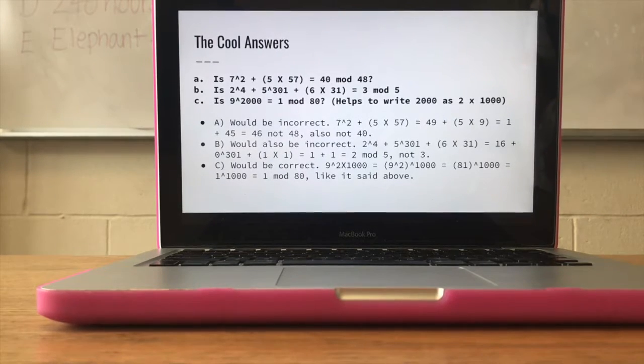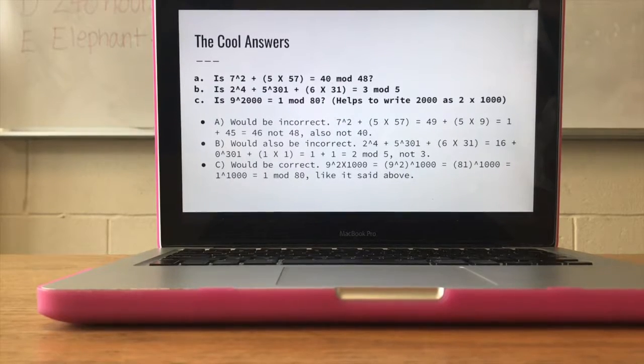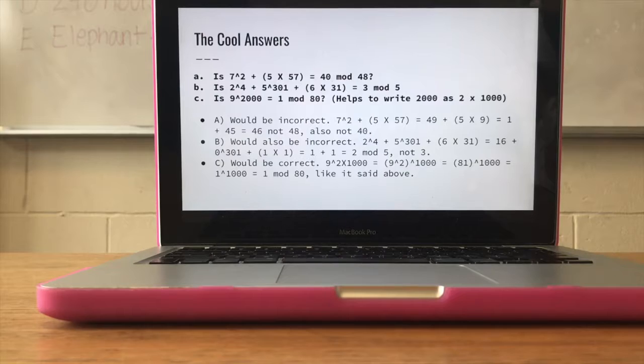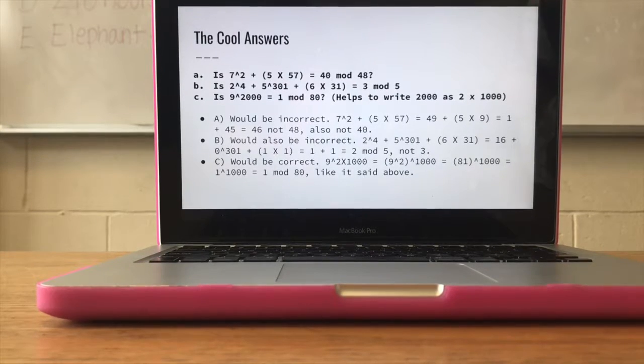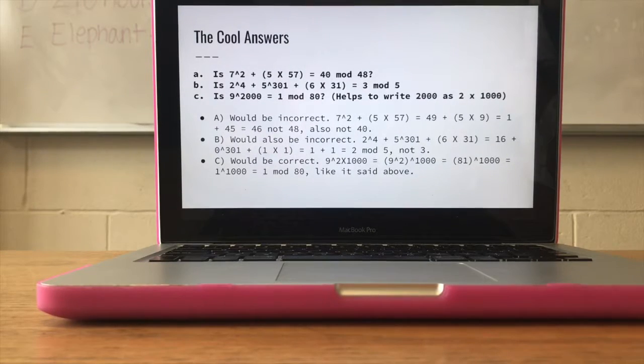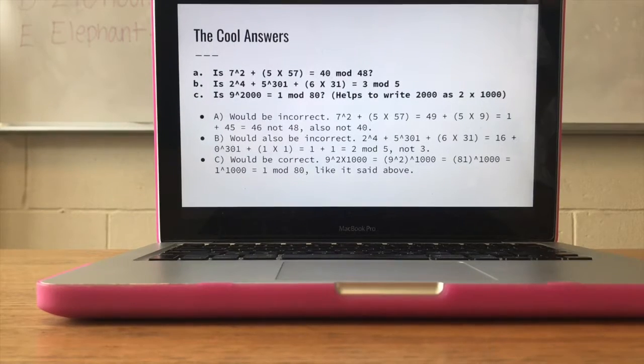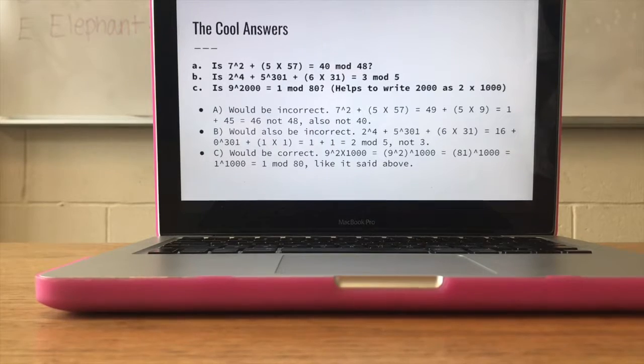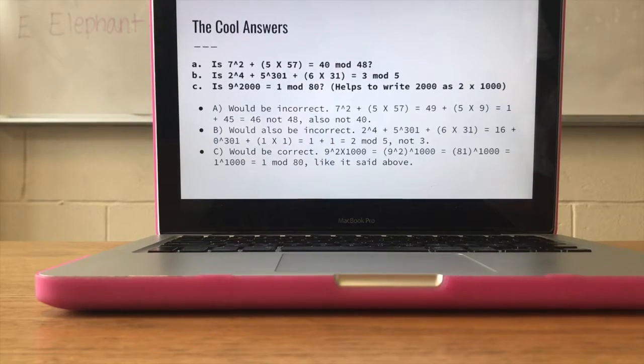The cool answers. Take a moment to look at letters A, B, and C. For A, is 7 raised to the second plus 5 times 57 equal to 40 mod 48? A would be incorrect because 7 to the second plus 5 times 57 equals 49 plus 5 times 9 equals 1 plus 45 equals 46, not 48, and also not 40.